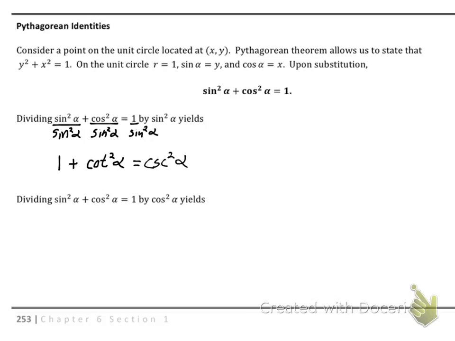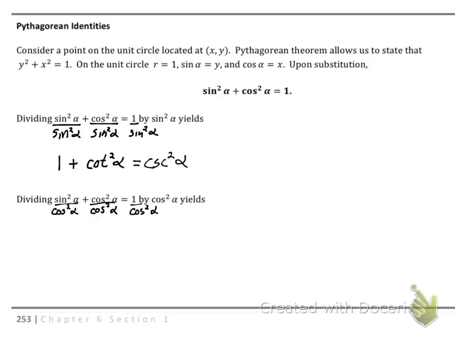Our other one's going to be created by dividing everything by cosine. So if I do the exact same steps, except I'm going to divide everything by cosine squared alpha, divide this by cosine squared alpha, and finally divide 1 by cosine squared alpha.